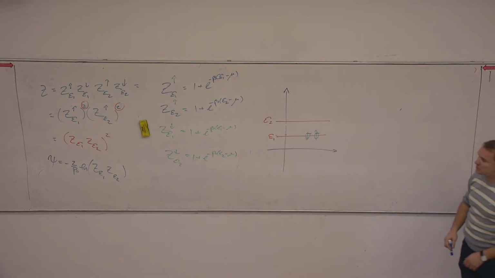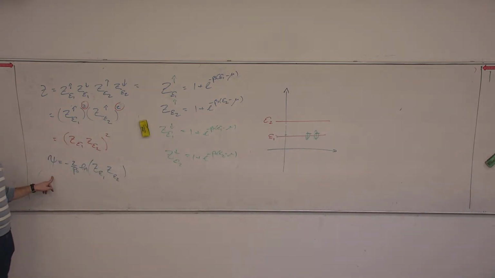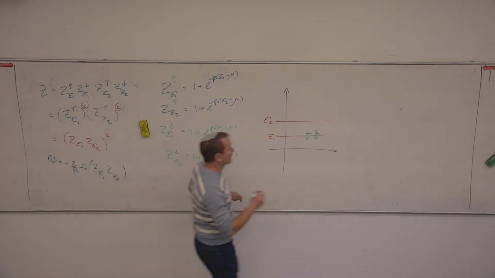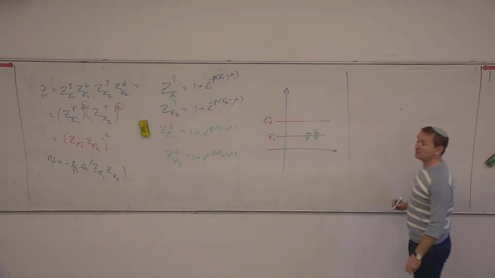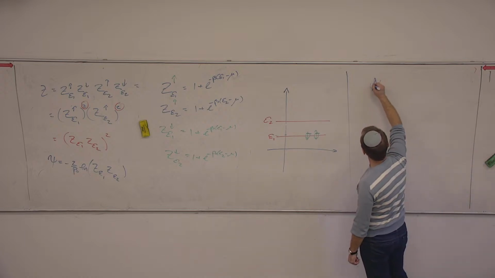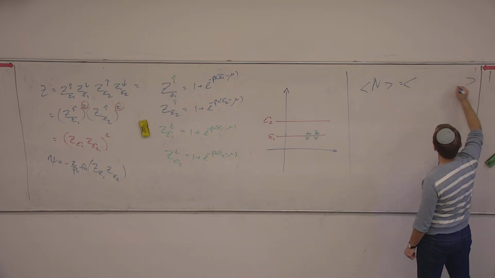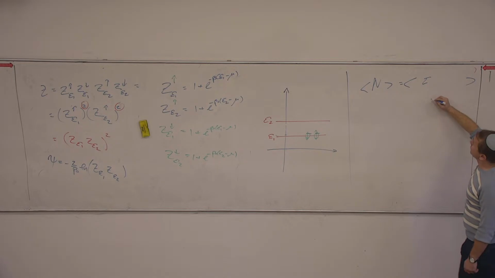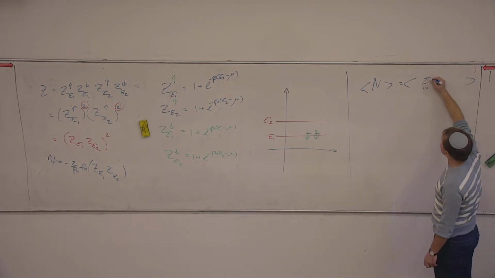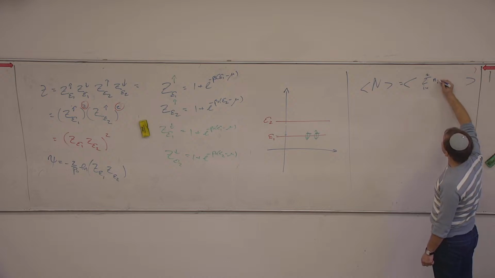So for the statistical representation, I want to compute the average number of particles. Either I take the derivative, as I told you, or I can say the following thing. An average is the average sum over i from 1 to 2 of Ni.